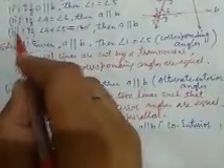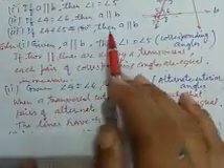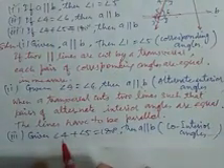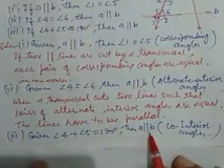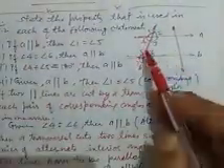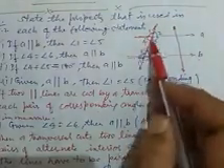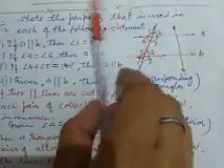Now the third statement. If angle 4 plus angle 5 equals 180 degrees, then A is parallel to B. Here the statement is angle 4 plus angle 5 equals 180 degrees, then the lines are parallel. Why? Because they are co-interior angles. Angles 4 and 5 are interior angles on the same side of the transversal. This is the transversal line and these are on the same side.